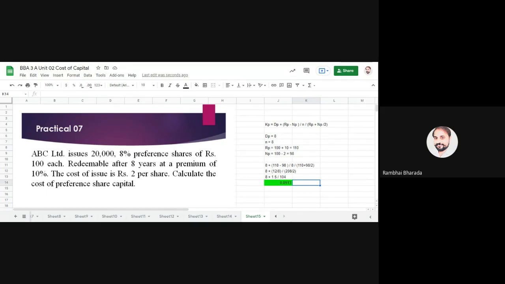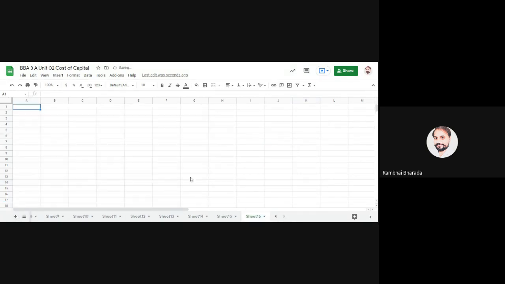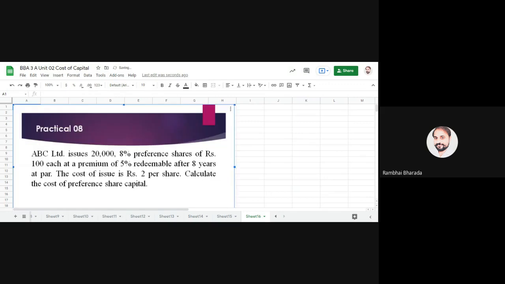Again, I repeat, here you need to focus or be careful about the premium or discount, because whether it is after the redemption or whether it is at the time of issue. Let's take one more practical question. We are not calculating right now, okay? But you need to try this. ये रहेगा आपका homework का question.